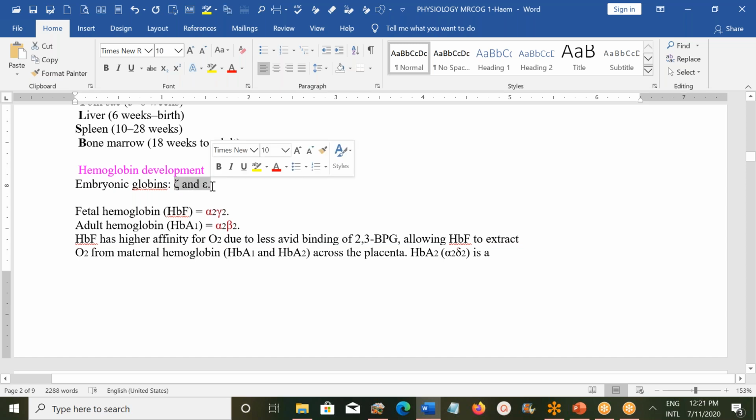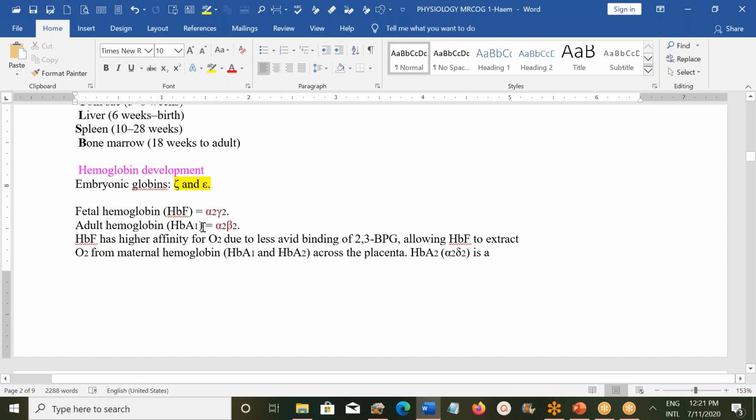Just remember, this will be their configuration, the epsilon chains and like these chains, okay? If you see that composition, you will say that this is embryonic globin, because you're not going to see that in adult life or once the baby is born.